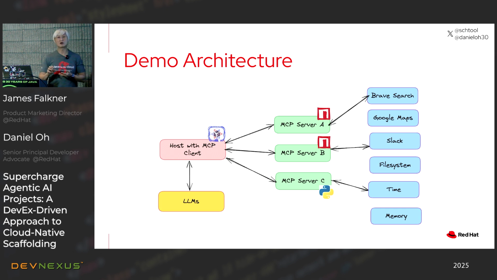We're going to take some of them, like Brave Search, Google Maps, Slack, file system, time, and memory. There are a lot of external services now available as native integrations with the MCP protocol. So I'm going to hand it over to James for the demo.